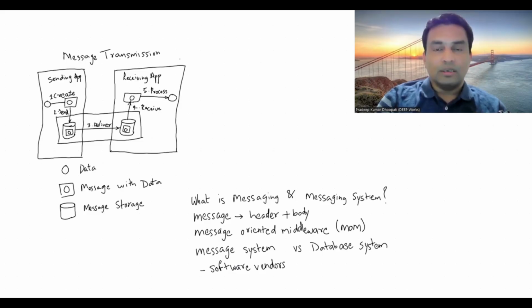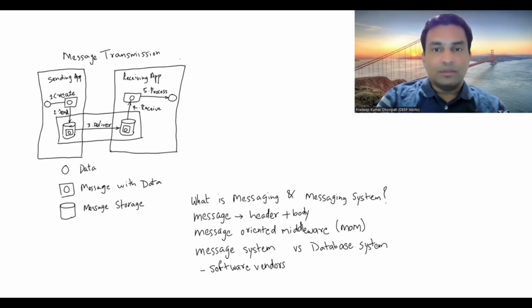What is messaging? In a telephone system, if I wanted to call someone, the receiver has to be available to take my call at the same time. But what if the other person whom I'm calling is not available at that point in time?